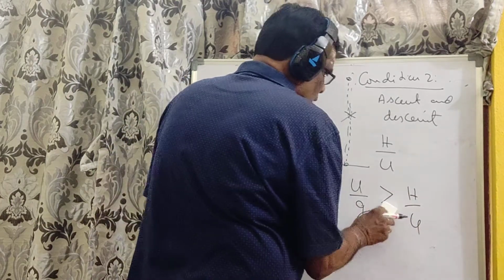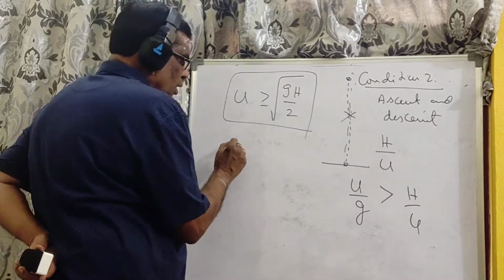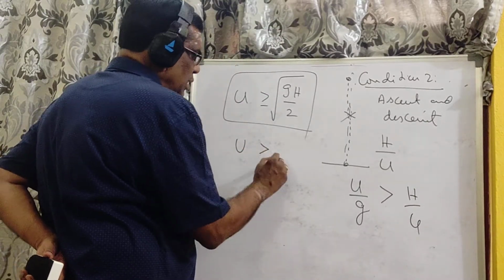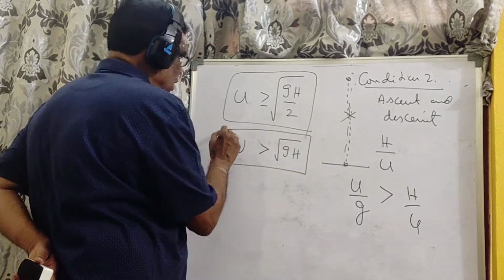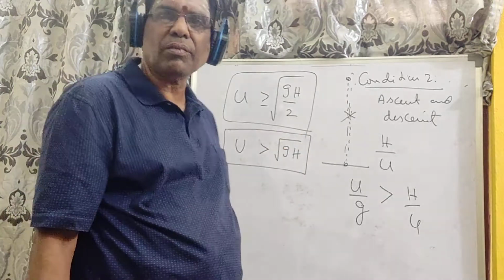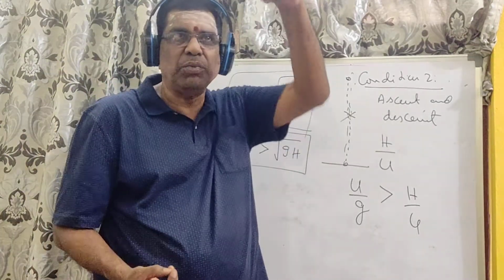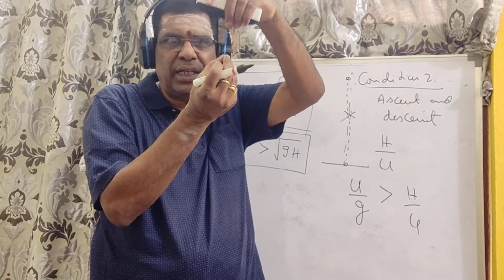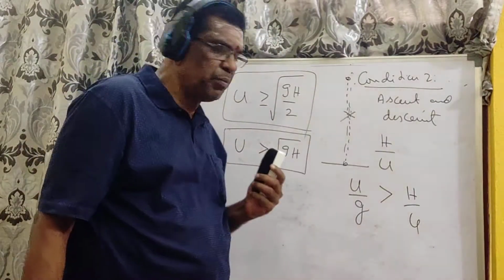But equal to no, when you say ascend and descend, it should be like this only. Therefore, u must be greater than root gh. This is the second condition. If u is exactly equal to root gh, this body will come to a stop momentarily and this body will hit it. Likewise, it will happen.